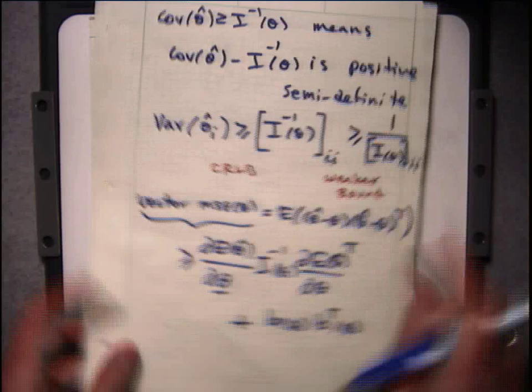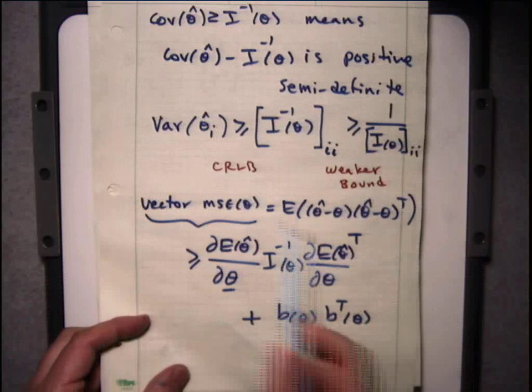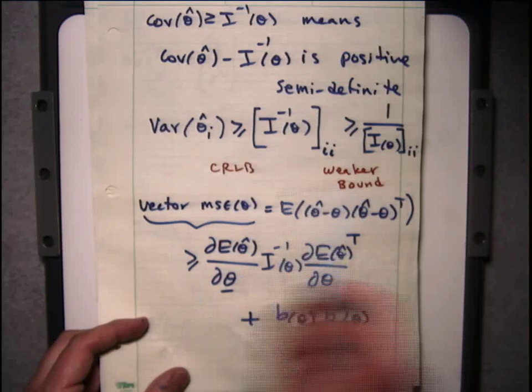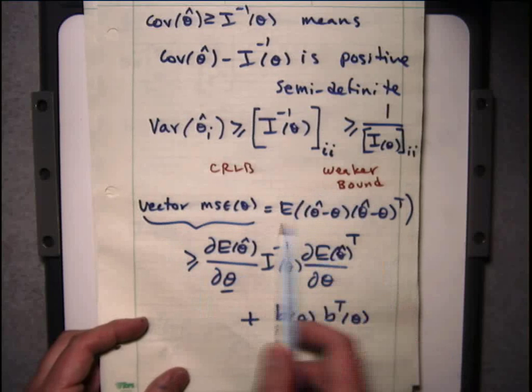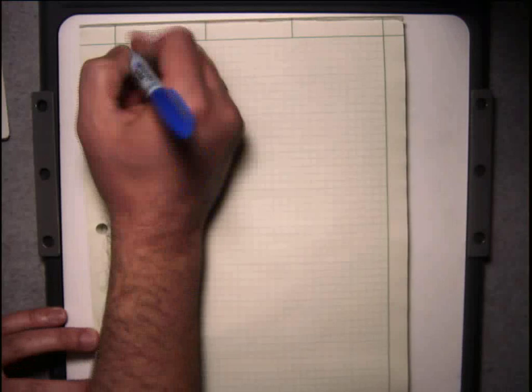Okay, so this result that I just wrote down, the left-hand side is a matrix. So this is what we call the matrix mean squared error, or vector mean squared error. It's not a single scalar, but we can also write down a single scalar version of the Cramer-Rao bound, and the way that is done is the following.